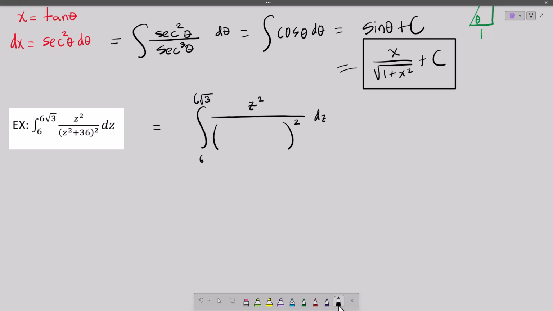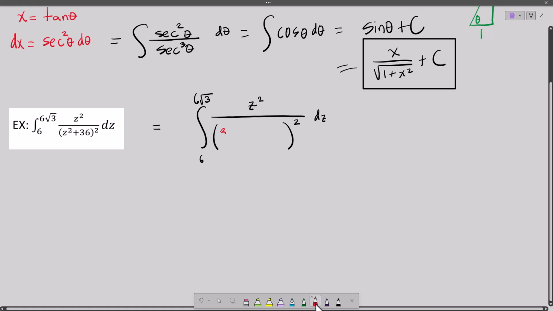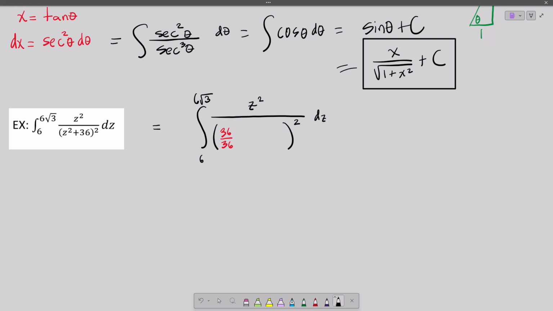Multiplying by 1 is our lightsaber. So first step, multiply by 1 so that we have a common factor that we can, in fact, pull out.